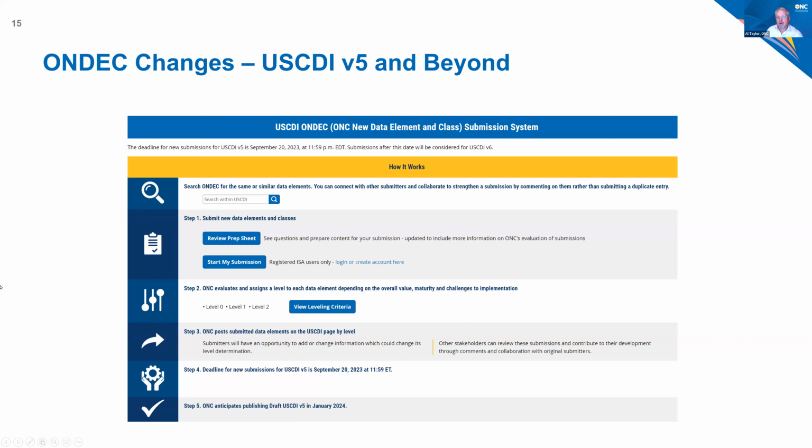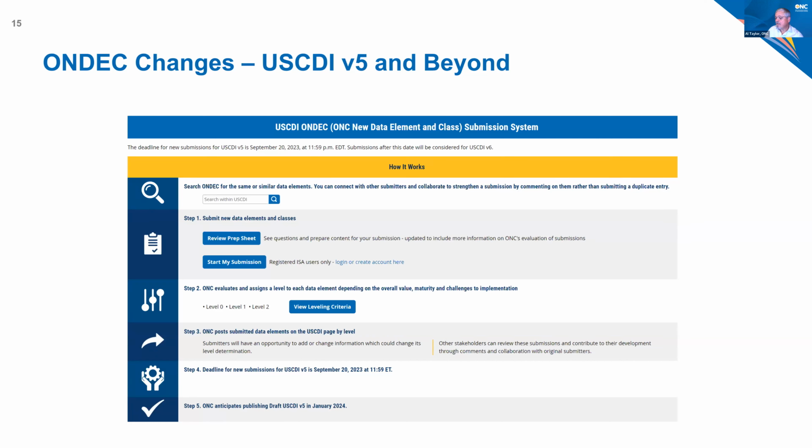So like I said, we also made some changes to USCDI, so the on-deck process, centered around making it easier for people to get higher impact submission. We added a search feature last year, so that people can see if other people have submitted something, hopefully to reduce the chances that somebody submits a duplicate, a data element that has already been considered, possibly even already considered for addition for USCDI.